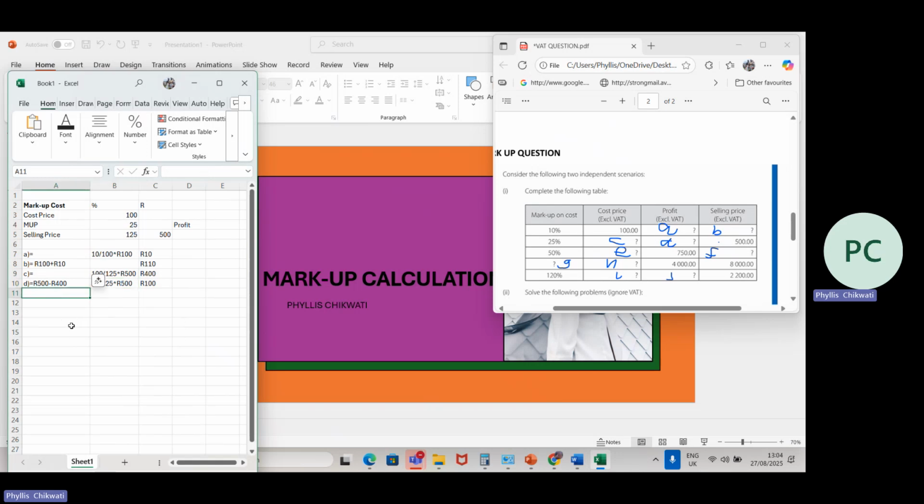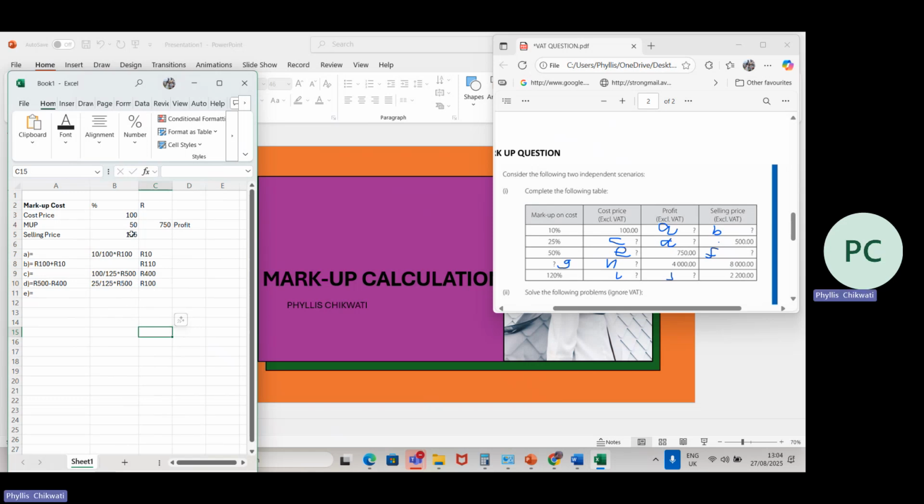Okay, so let's see E. So with E, we are looking for the cost price, and our markup is given as 50%. Okay, and then our profit is given as 750. So we're just going to plug in our profit here as 750.